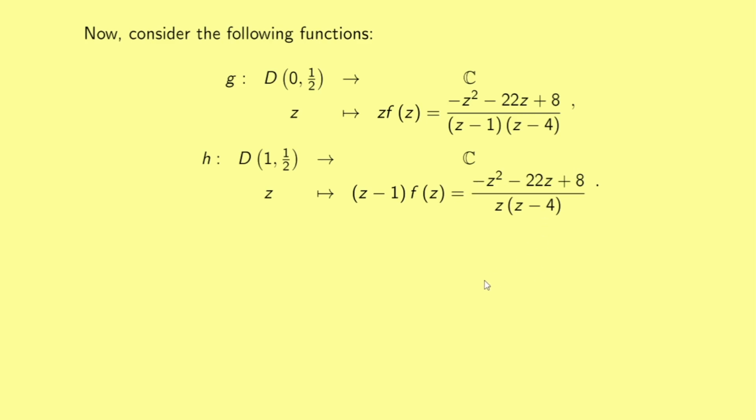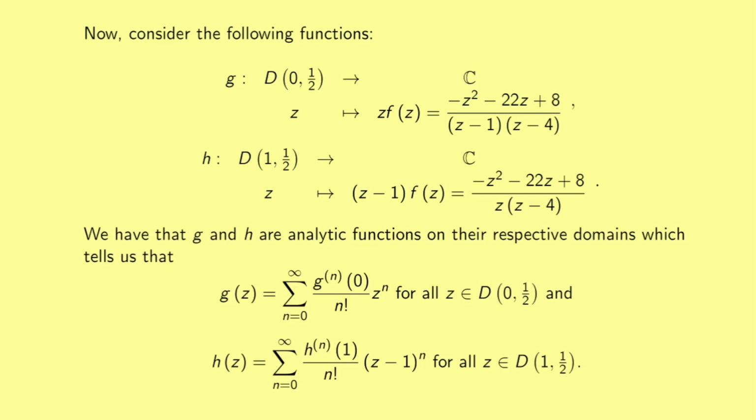We look at these two expressions and we see that g and h are analytic in the domains I define them, because I have no problems in their denominators and they are rational functions. So I can write both functions as Taylor series. I can write g as its Taylor series about 0, and I can write h as its Taylor series about 1.